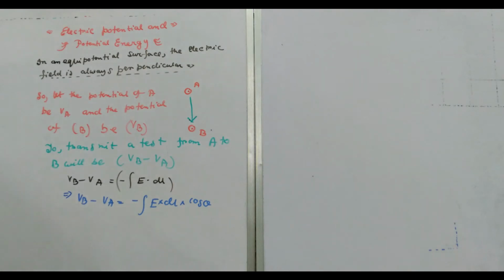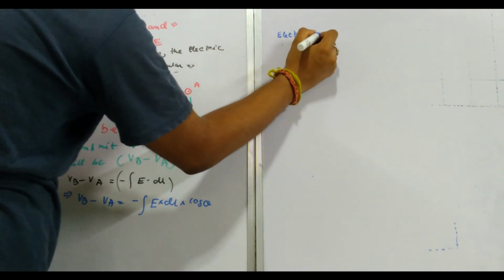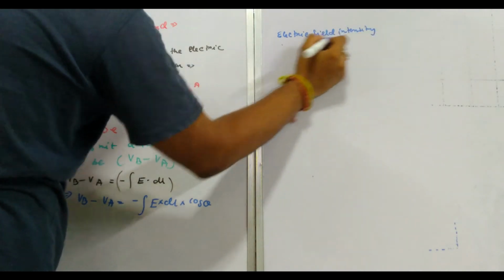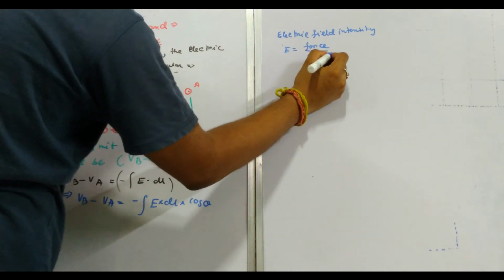Now, we have learned earlier that electric field intensity, that is E, is nothing but the force per unit charge.